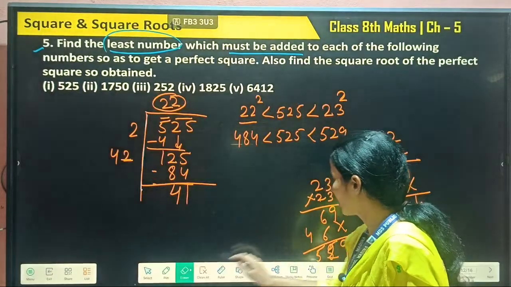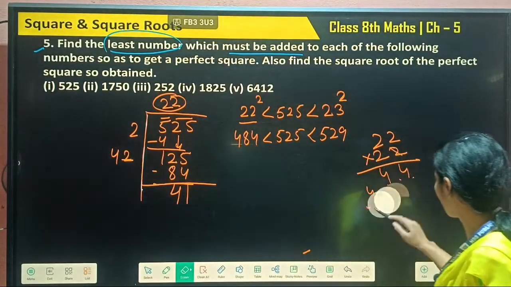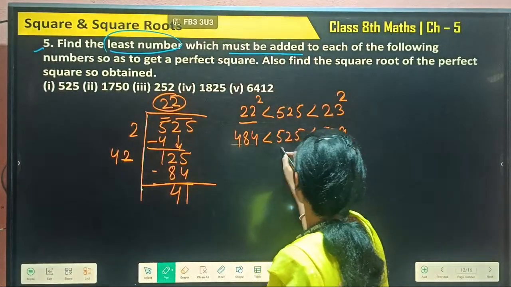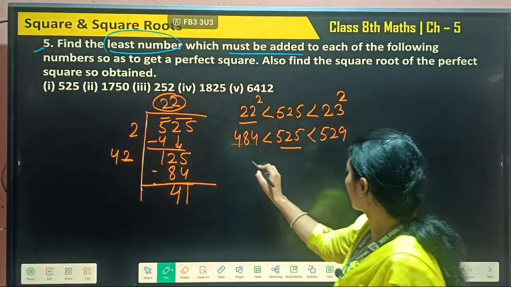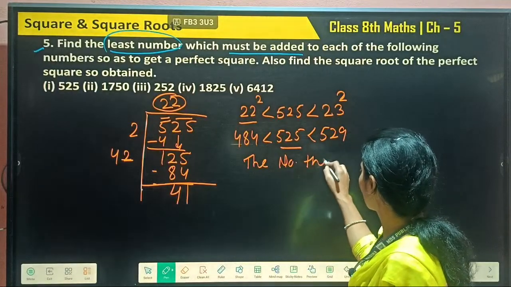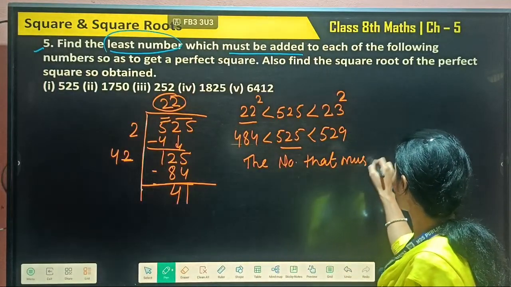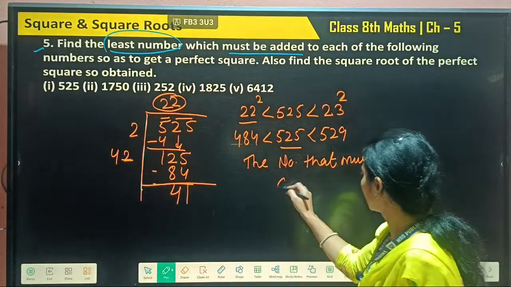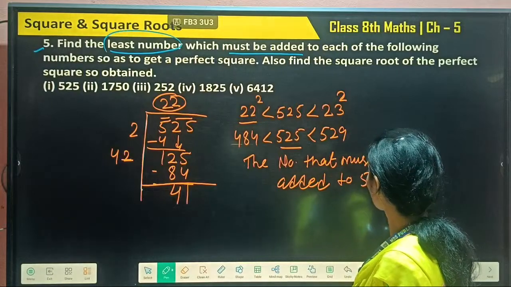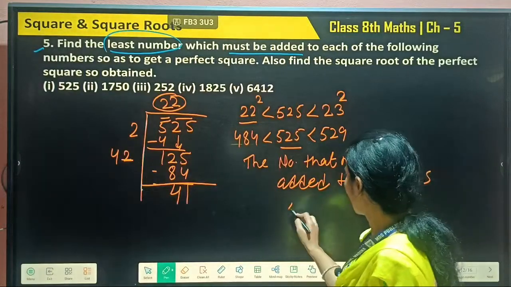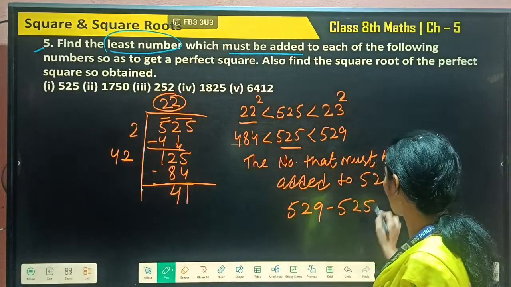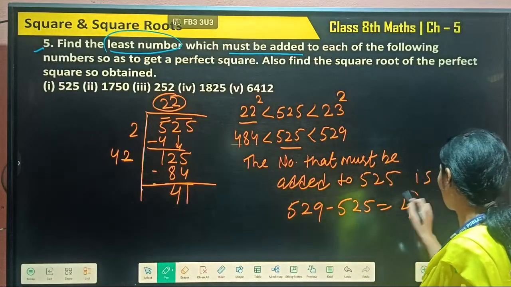529. Let us see how we can get the number which must be added to this number. The number that must be added to 525 is, the next number is 529, subtract 525 from this, you will get 4.